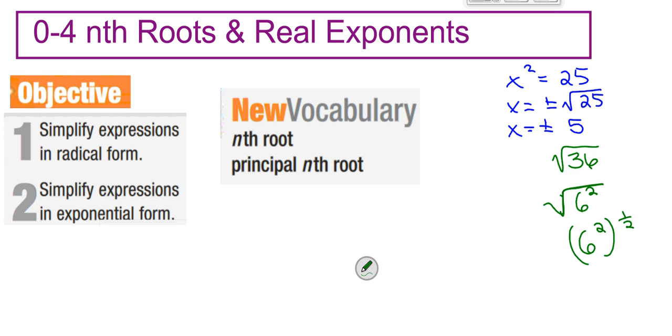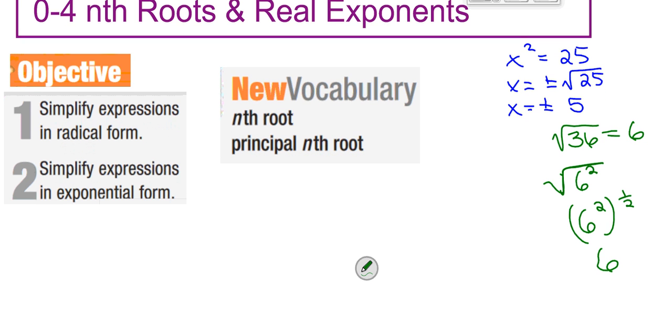So maybe this is new to you, or maybe it's something you haven't had a lot of exposure to, and so then we get 6. We're used to just saying, oh, square root of 36 is 6, right? But we want to think a little bit more about these things, because that'll help us as we move on to maybe more difficult problems as we go.